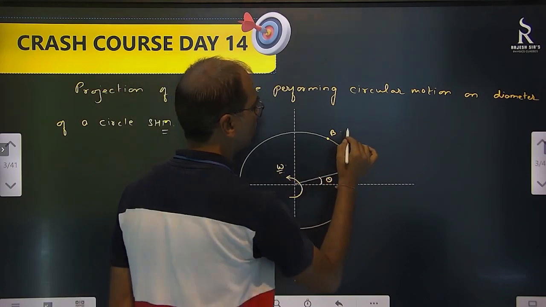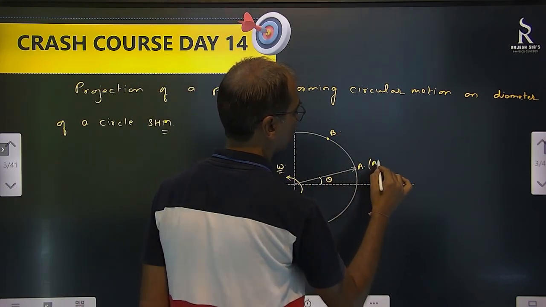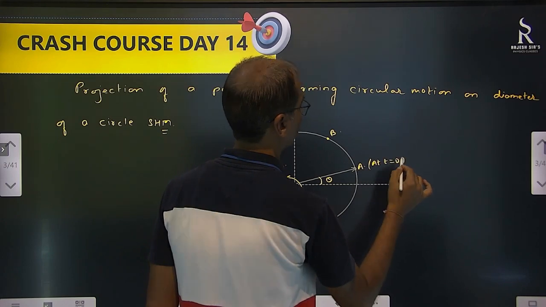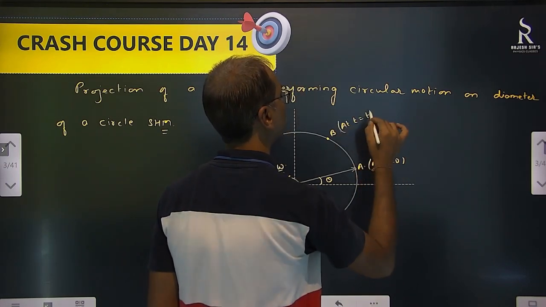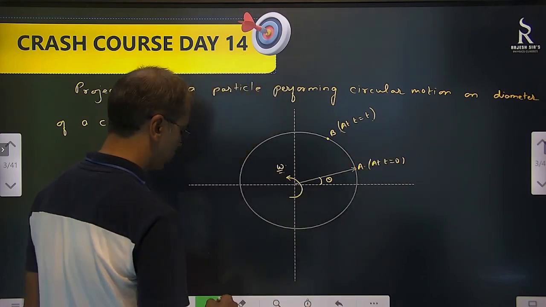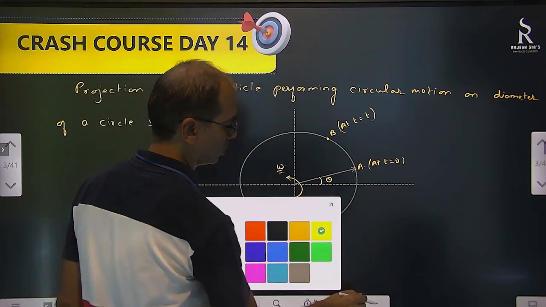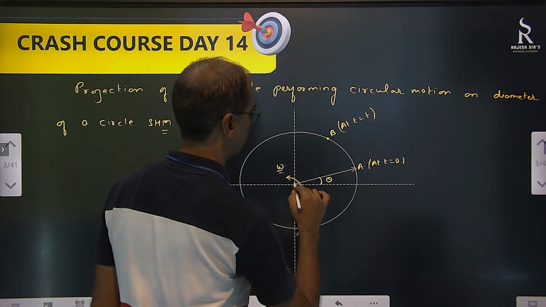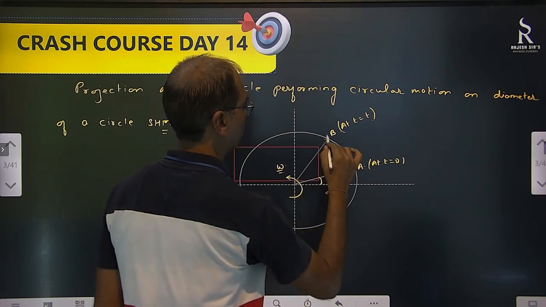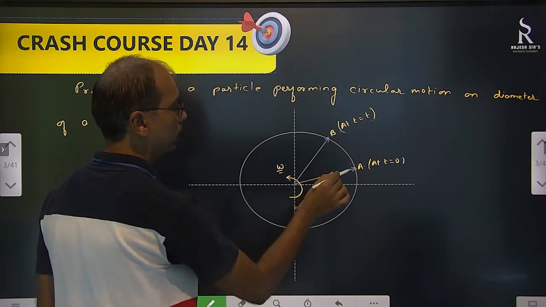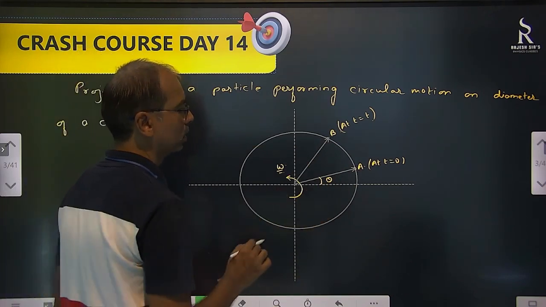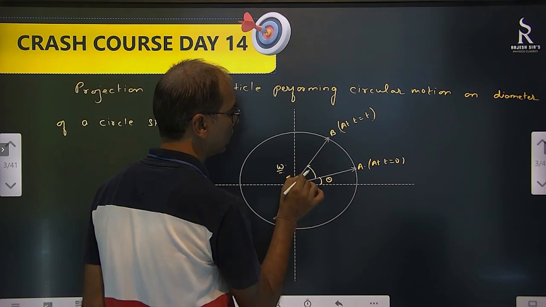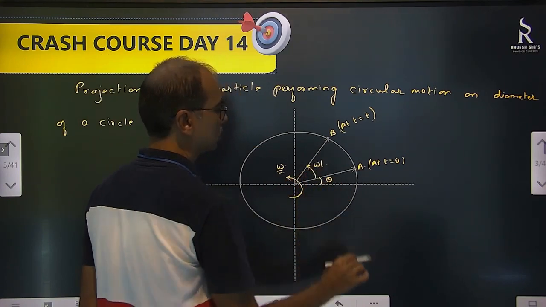So at t equal to 0 it is at A, and at time t it is going to reach point B. From here to here, how much time has it got? t time. What is its angular speed? Omega. So how much angle has it moved? Omega t.